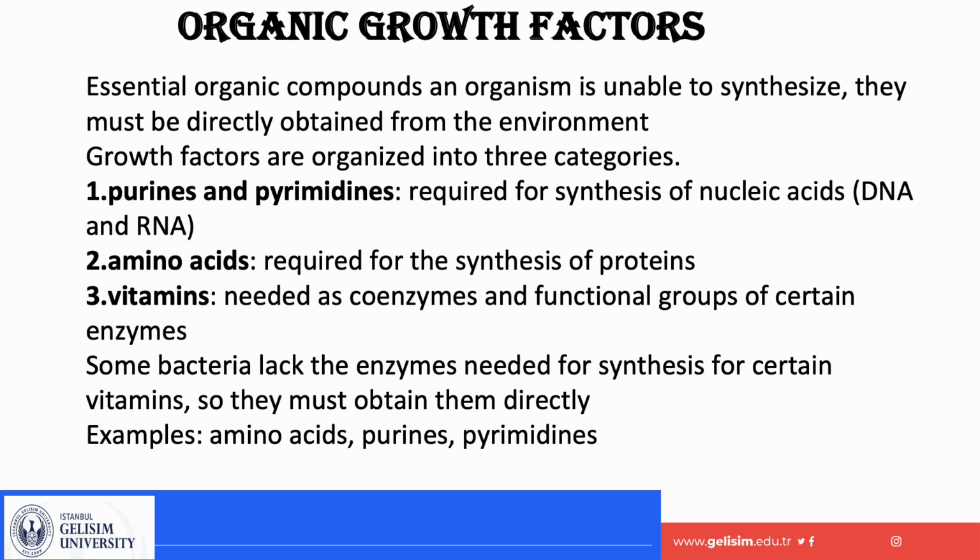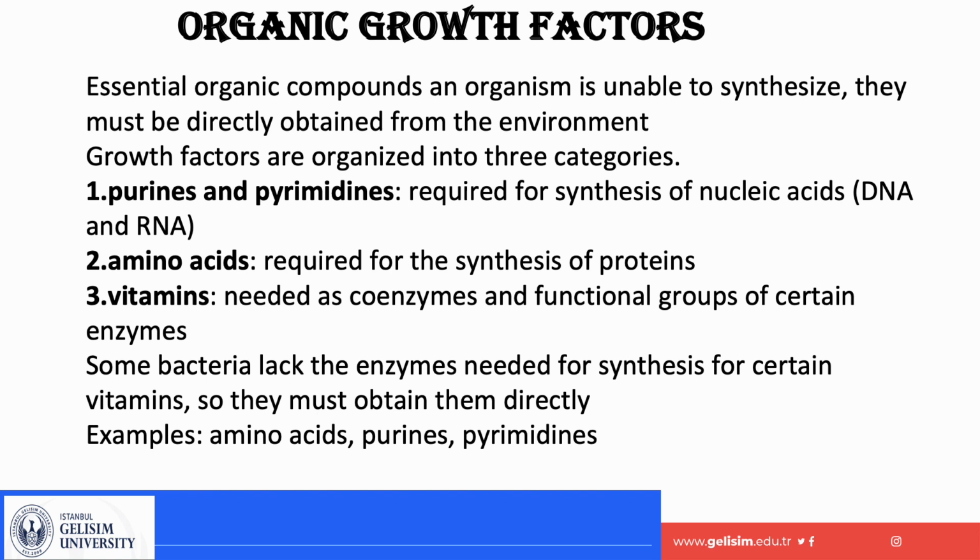Organisms require certain essential organic compounds for growth as they're unable to synthesize them themselves, and they must obtain them through the environment. These essential compounds are known as growth factors and are divided into three categories. We have the purines and pyrimidines, the amino acids, and vitamins.